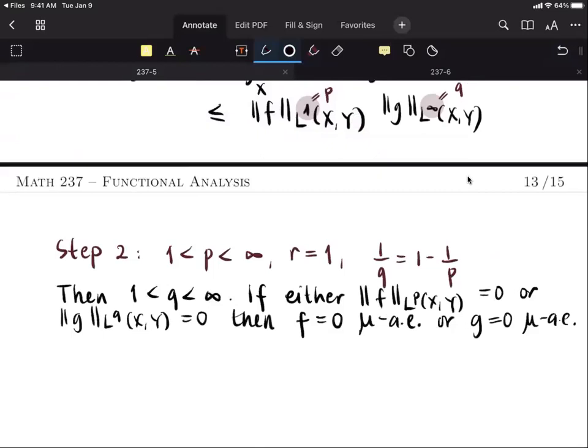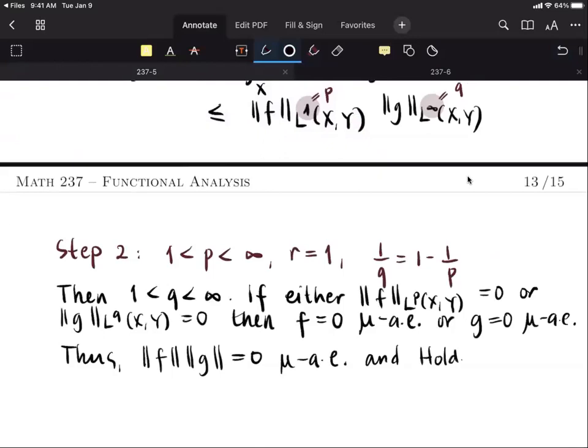Okay. Thus, this implies that the product of the norms, either case, is equal to 0 mu almost everywhere, and the Holder's inequality trivially holds.